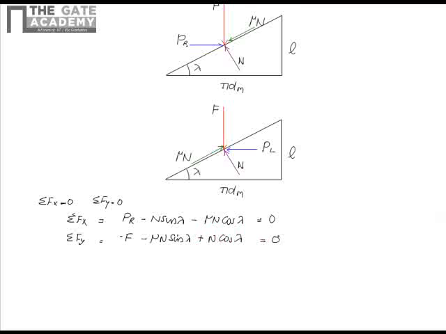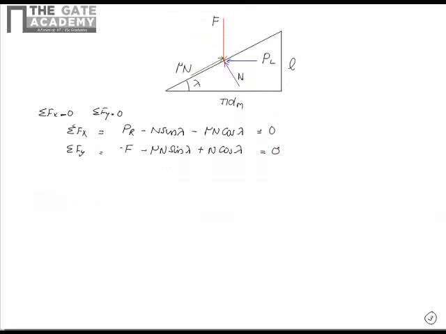From these two equations, we can take n outside from the second equation. So equation 1 and equation 2. Equation 2 will give n as F by cos lambda minus mu sin lambda, and this value of n we will plug into equation 1.